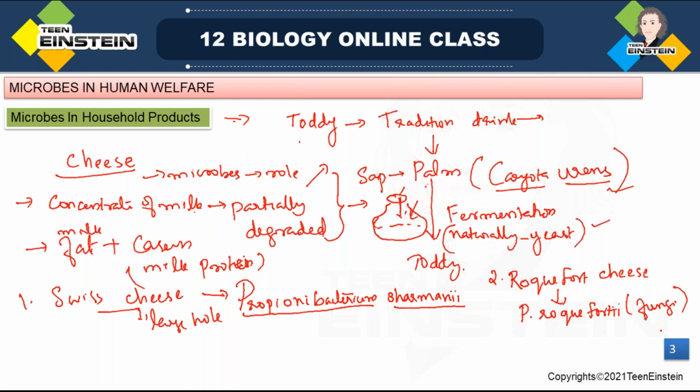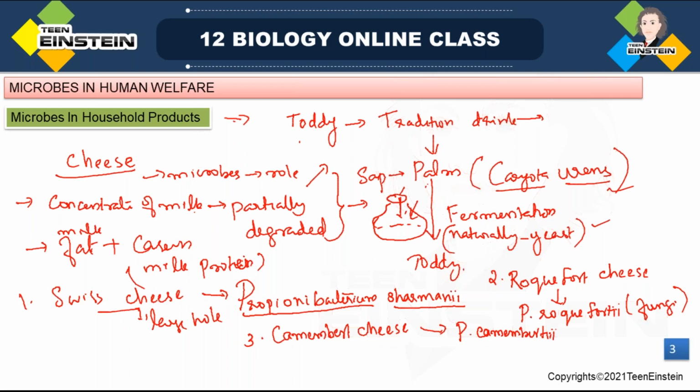Next is Camembert cheese. Okay. The third one is Camembert cheese. This is the third type, which is ripened by Penicillium camemberti.